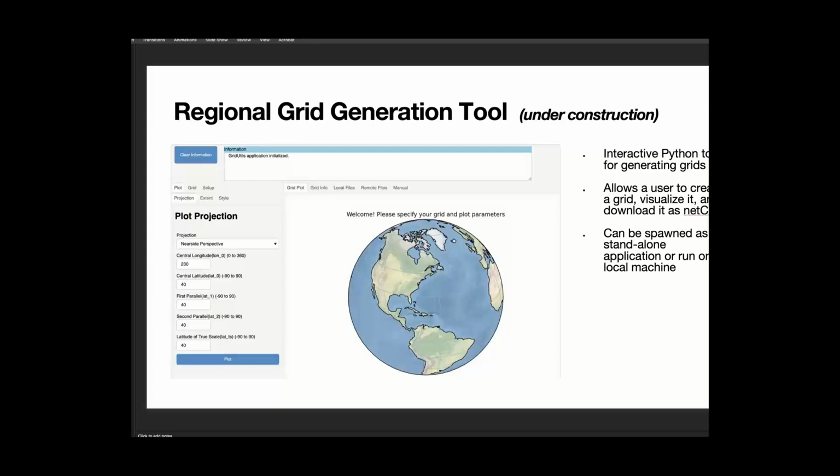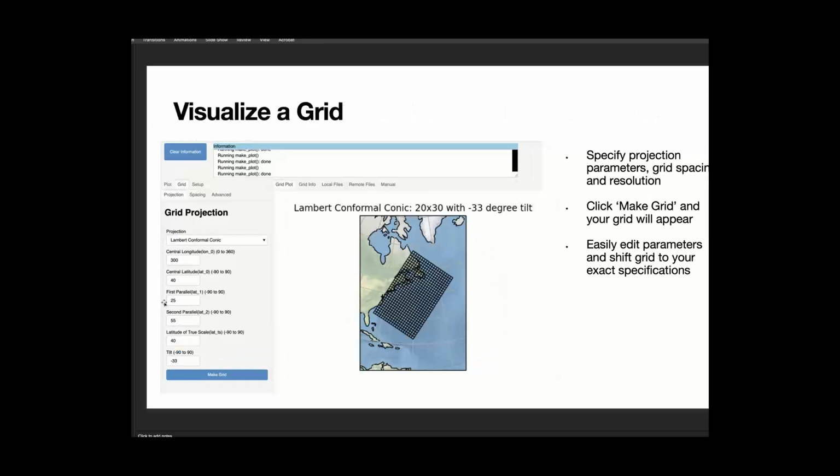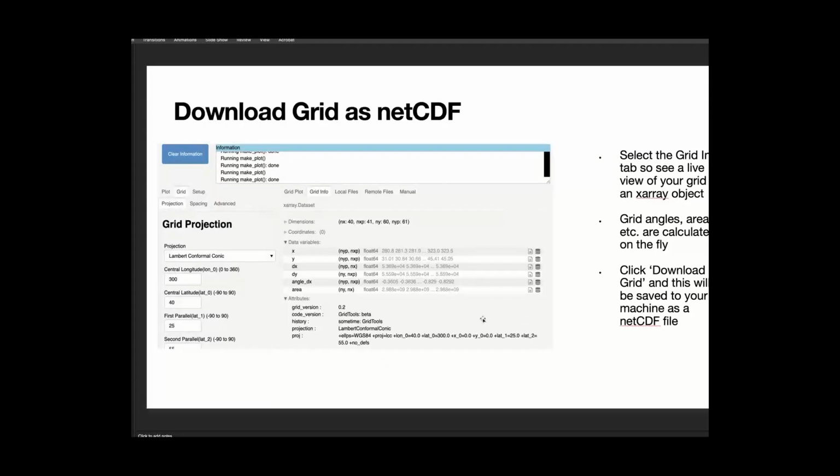This is going to be running as a service, or you could run it on your own local computer if you want. It's all Python based, and you can already draw out your grid for a regional domain, set up all your parameters, use your favorite projection, and ultimately download this as a NetCDF grid that you can then use as an input to your model.